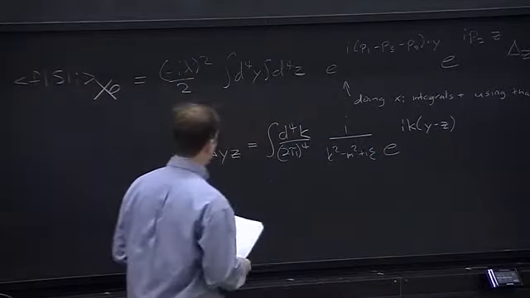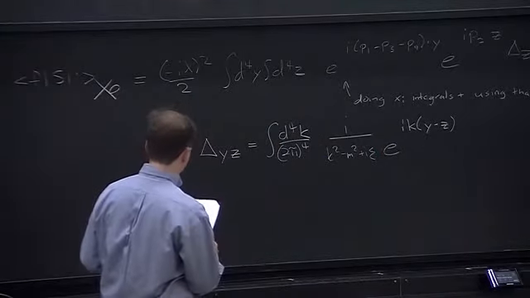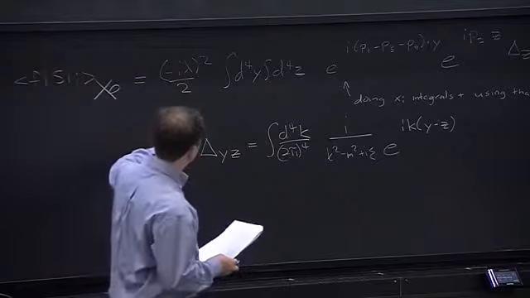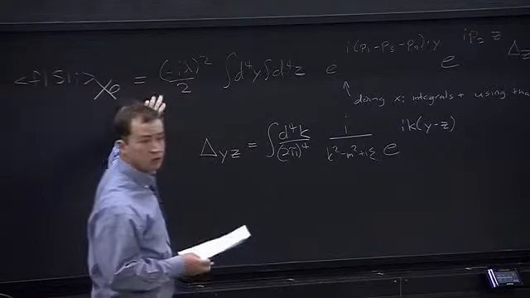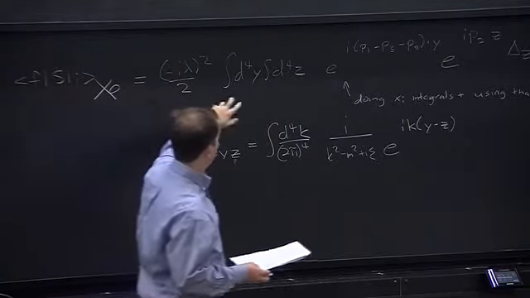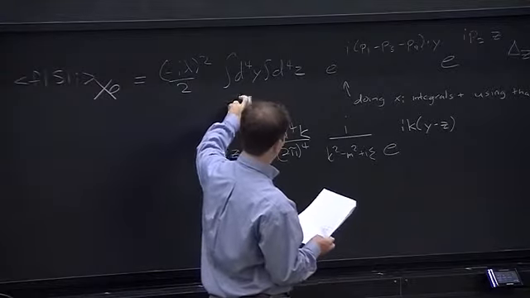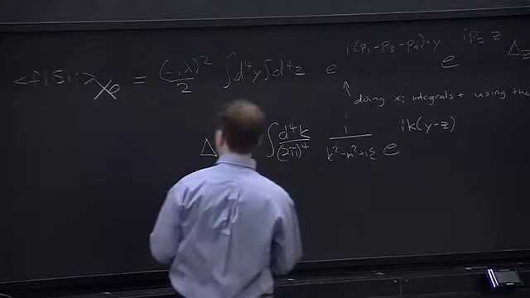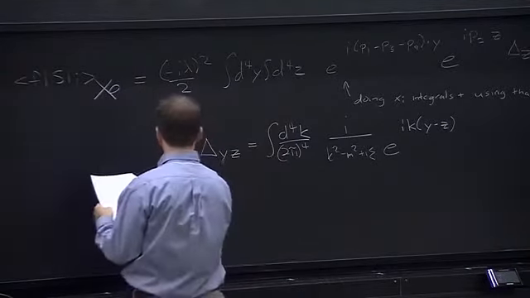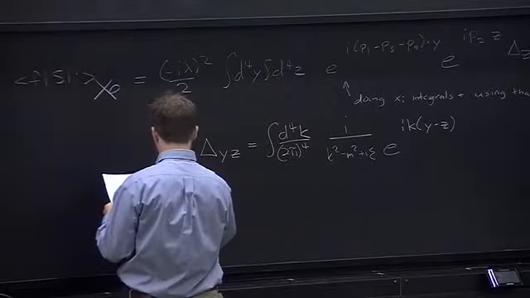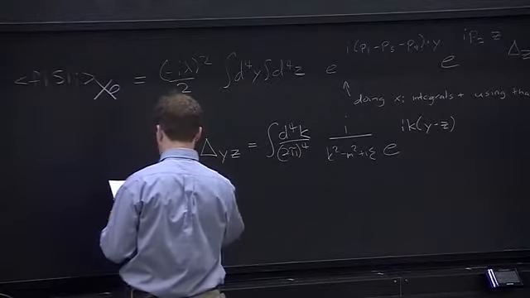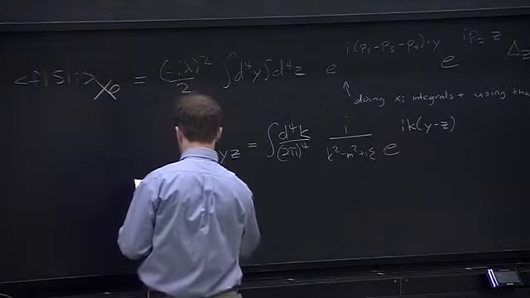This is a result from the first lectures. And if we plug this into our expression for the scattering amplitude and do the y and z integrals, what we get is this expression.